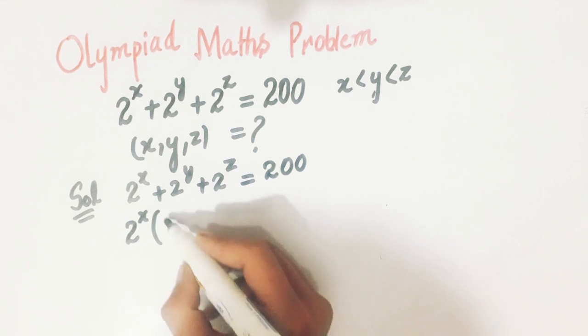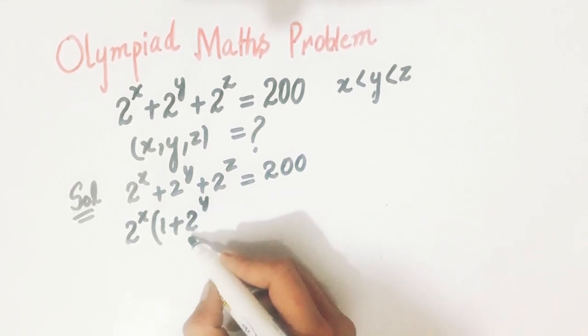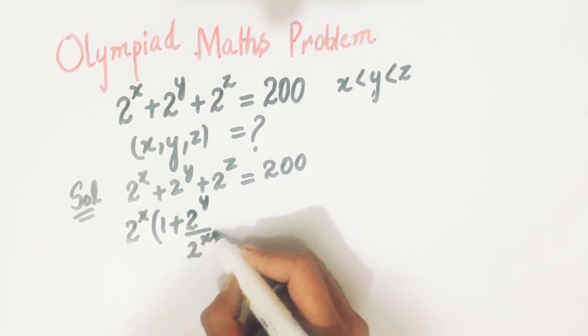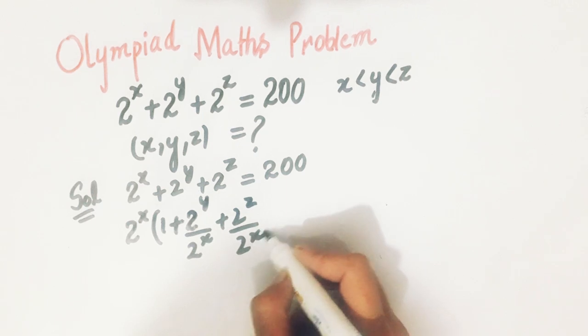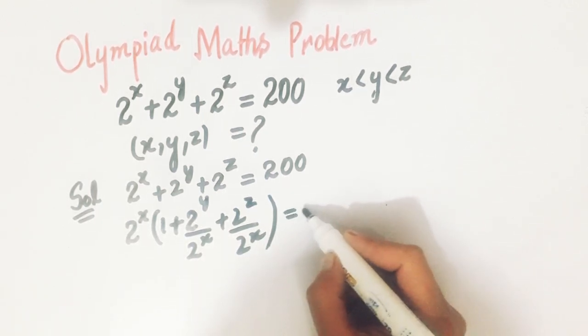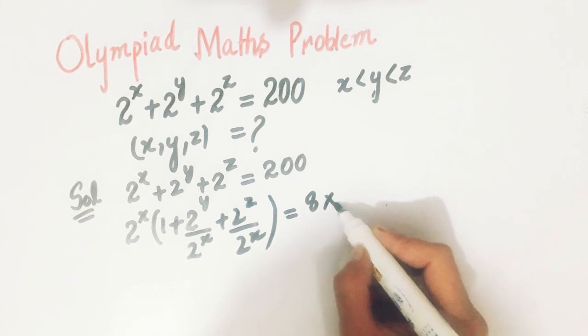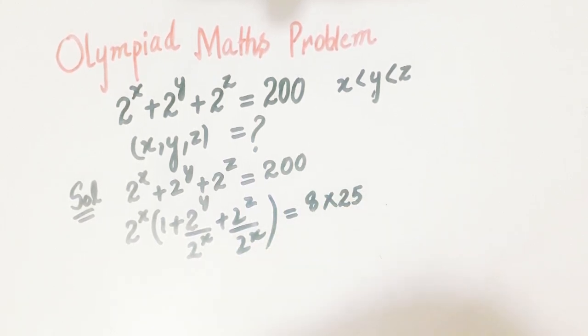So remaining is 1 plus 2 raised to power y divided by 2 raised to power x, and 2 raised to power z divided by 2 raised to power x, and 200 can be written as 8 multiplied by 25 because this equals 200.